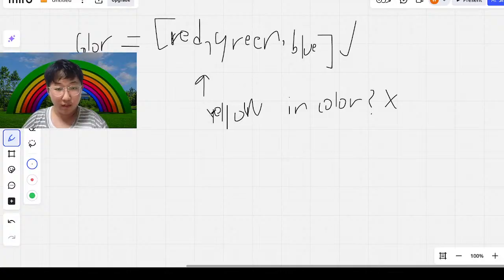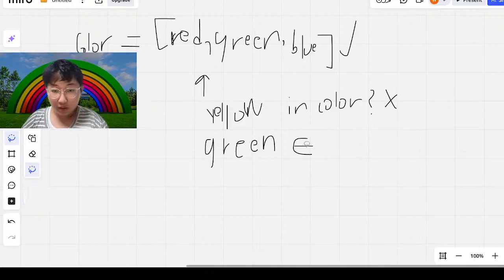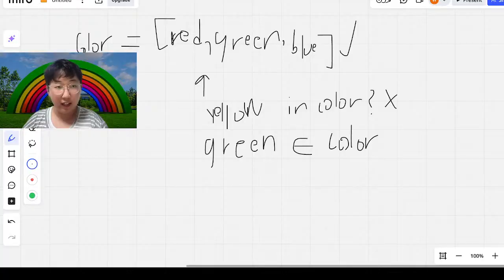For example, green is in this set, right? Green is in color. So you write green is in color with this symbol looking like an E, but it is not an E because this side is open. Because this side is open, we can say that green is in color, and this is how we annotate it.